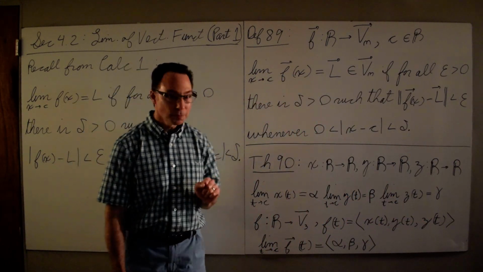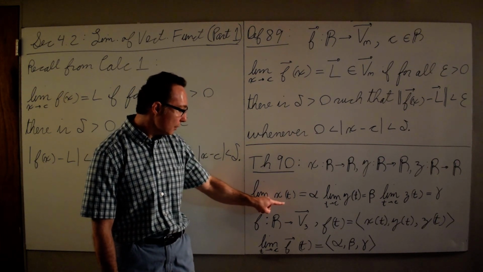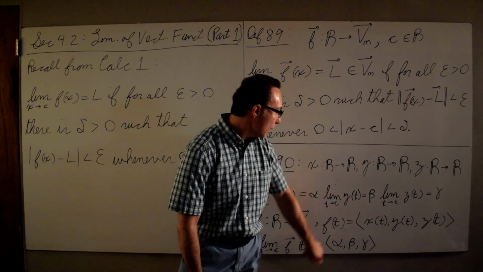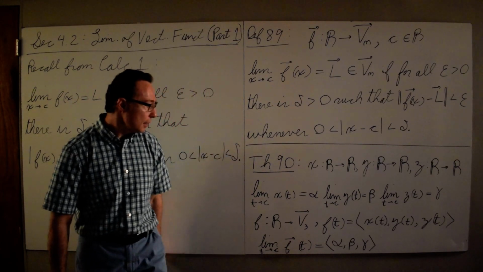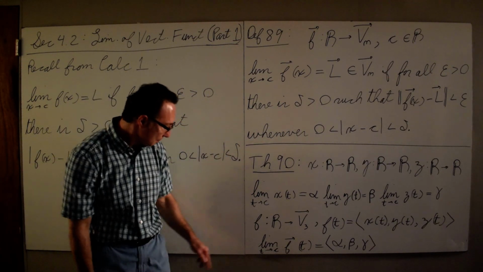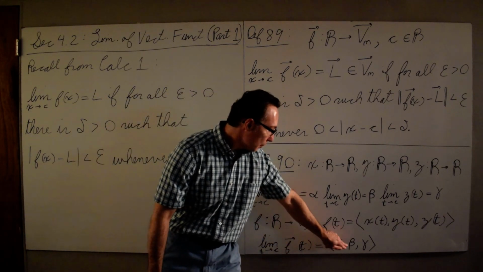Now, the other assumption is the limit as t approaches c of x of t is alpha, the limit as t approaches c of y of t is beta, and the limit as t approaches c of z of t is gamma. Then, the limit as t approaches c of f of t is alpha, beta, gamma.